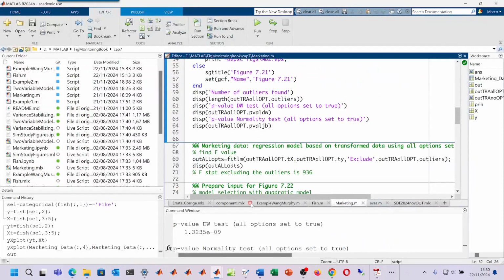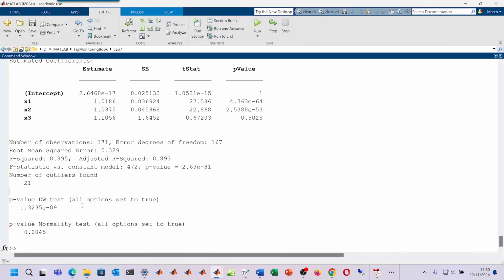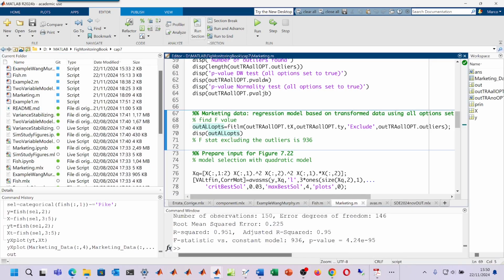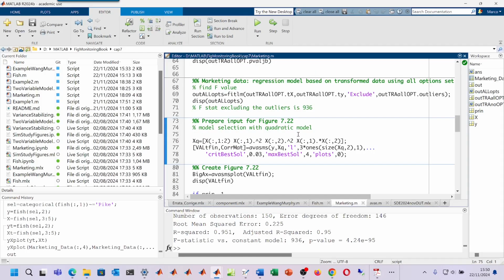This is reflected by the small p-values of the Durbin-Watson and the normality test. Now we check the F statistic, which comes out after excluding the outliers, which is 936.